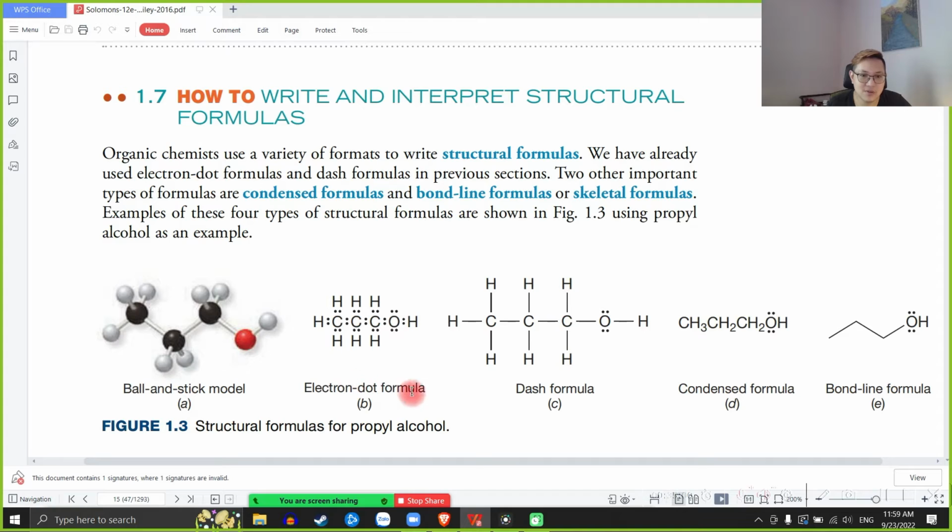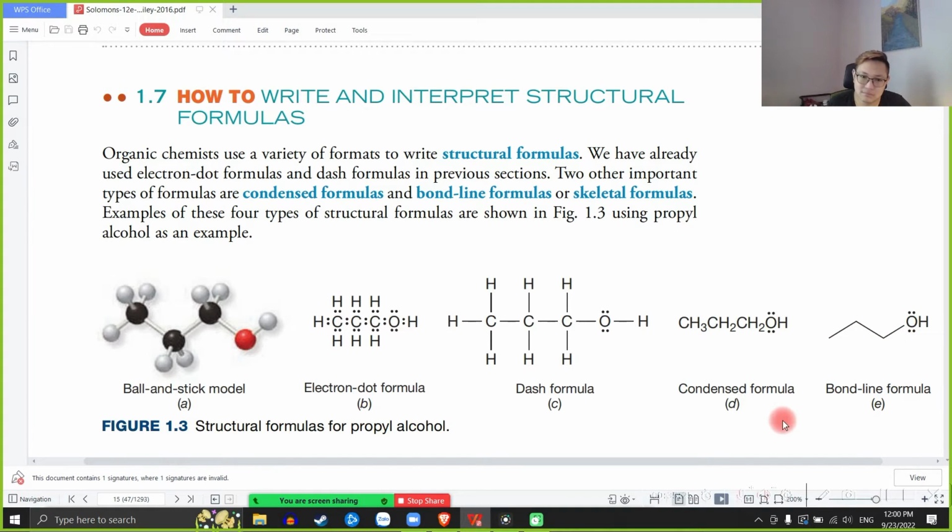You have the electron dot formula, dots like that. Or you can write the dash formula. Or you can condense them together like this, condensed formula. Or you can write the bond line formula like this, stick formula.